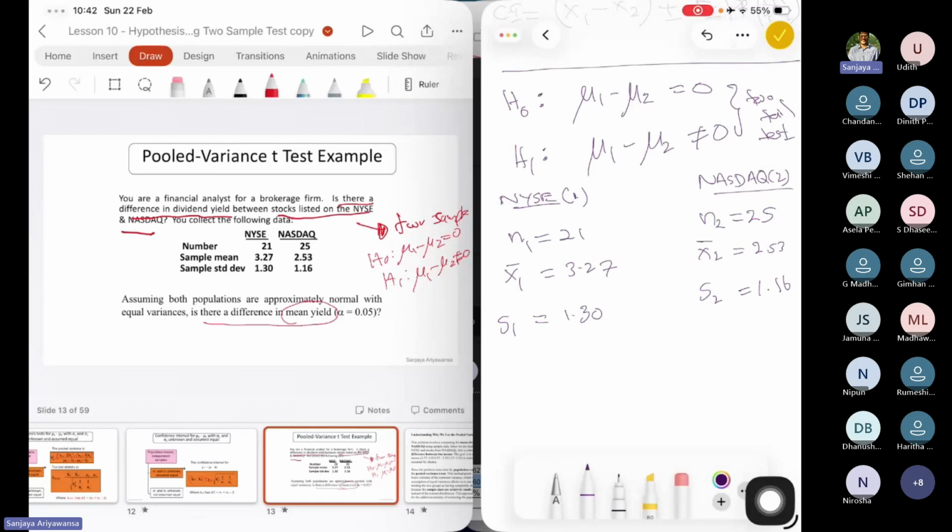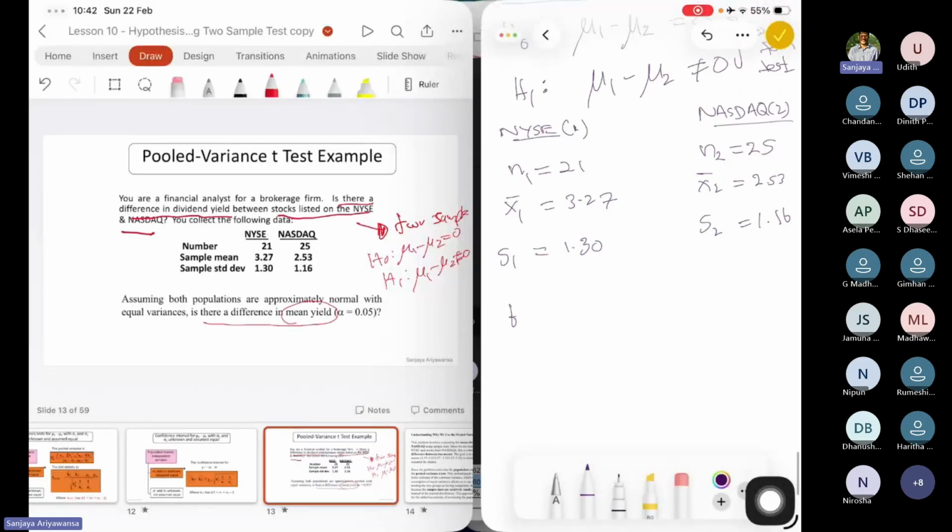Right. So now what do I do? I have to calculate two things: the t test statistic and the t critical value. So what is the equation for the t test statistic? It is x1 bar minus x2 bar minus (mu1 minus mu2), divided by the square root of sp squared times (1 over n1 plus 1 over n2).